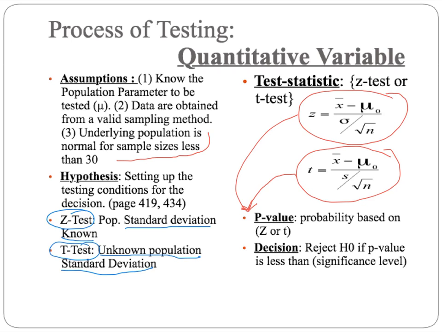If the p-value is less than alpha, we reject H naught. So that's going to be our decision point.